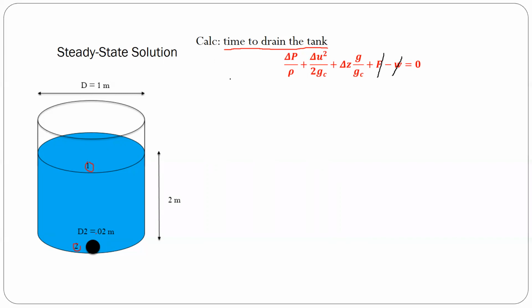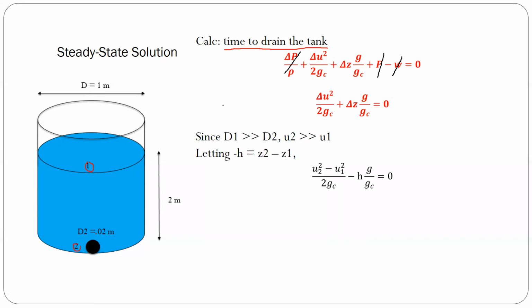Okay, I mentioned a while ago that the difference in pressure between these 2 points is 0 because both are open to the atmosphere as we assume. So therefore we can cancel this term. Okay, so ang natira doon sa equation ay delta U squared over 2gc plus delta Z g/gc equals 0. Okay, now if we're going to look at this, the diameter of the tank is a lot greater than the diameter of the orifice.